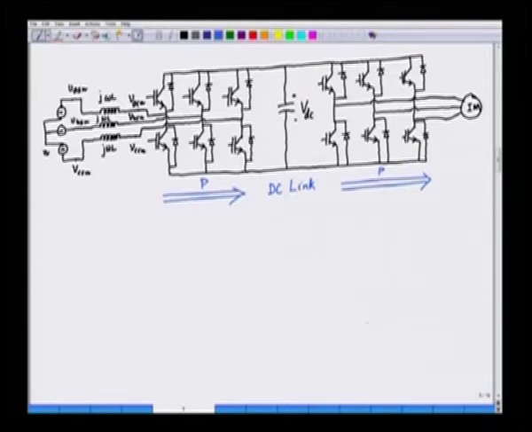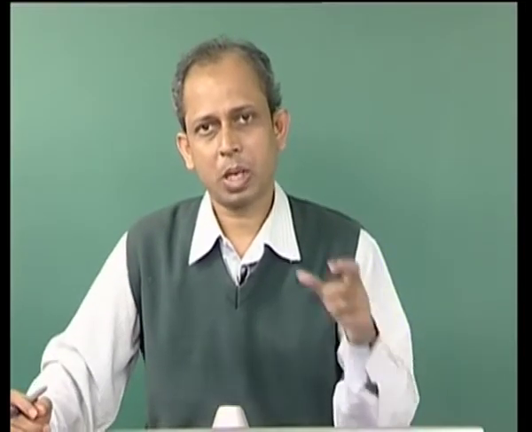Now, when we talk about the motor, the converters are voltage source converters. So, the DC link voltage has to be maintained constant, and unless we have a constant DC link voltage, it is very difficult to control the induction motor. So, the objective here is to keep VDC constant. The VDC can be kept constant by controlling the front end converter.